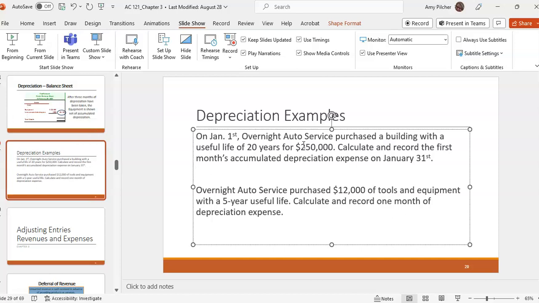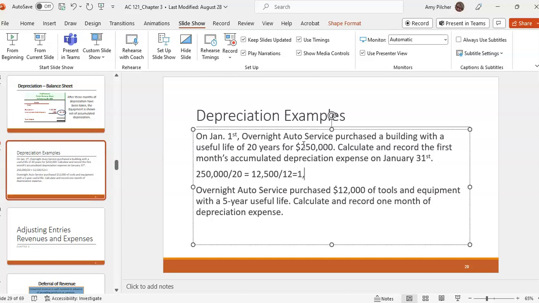So we're going to take 250,000 divided by 20 years, and that equals $12,500. Now we want to record 1 month at a time, so we're going to take that $12,500 divided by 12 to get our monthly depreciation, which does not come out to a clean number.